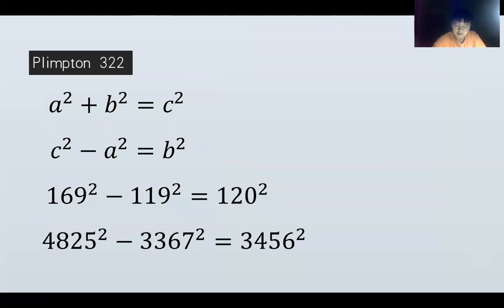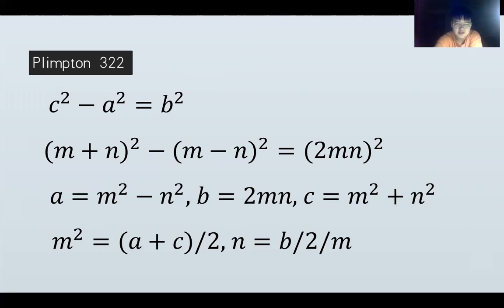But is it really that simple about this clay tablet? Oh, so it's just some Pythagorean triples? No, not at all. Actually, if we make another change to the formula we used, we can use m plus n to replace c, and we use m minus n to replace a, and 2mn replaces b.